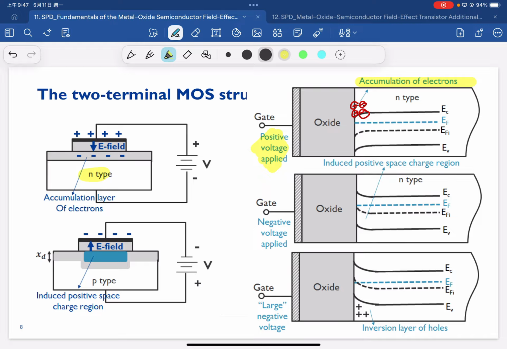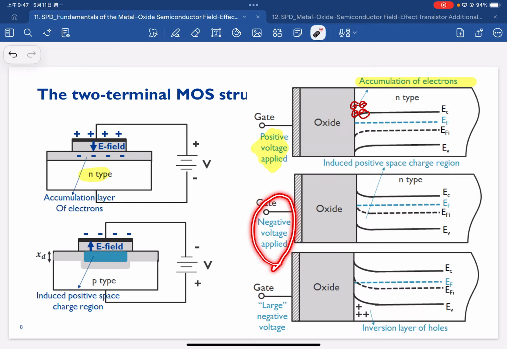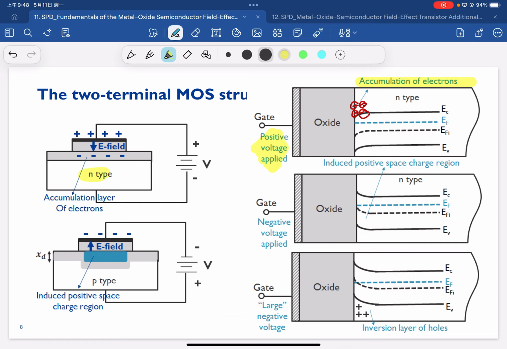That is the n-type substrate case. But once we apply a negative gate bias, we will see our Fermi energy start to get a little closer to the valence band. That creates an induced positive space charge region, and this is the region we consider as the space charge region.